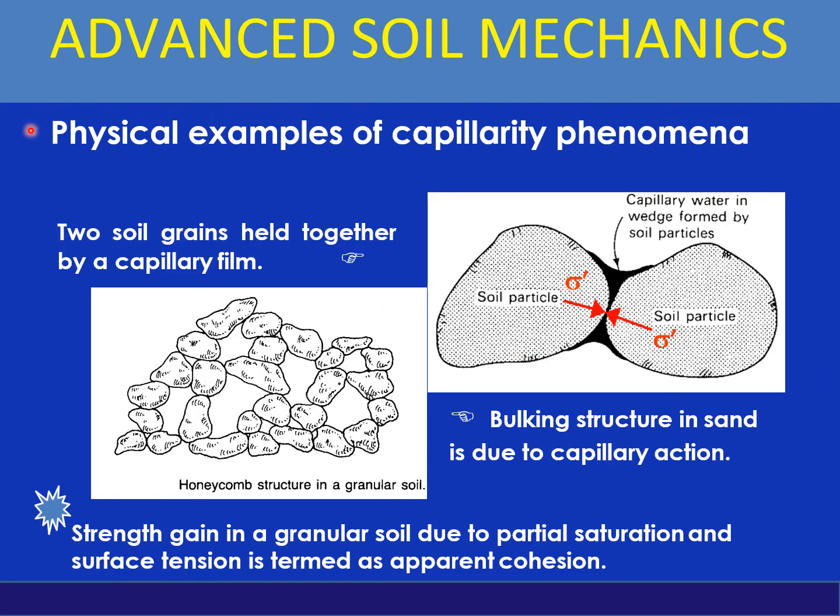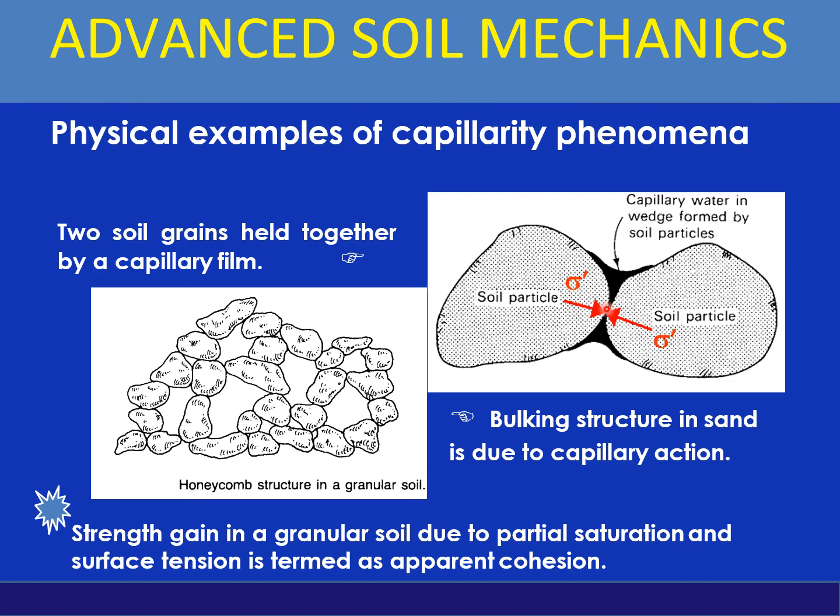So physical examples of capillarity phenomena: two soil grains held together by a capillary film. Look at that. Two soil particles, capillary water in the wedge formed by the soil particles, but you are having the contact between the particles.